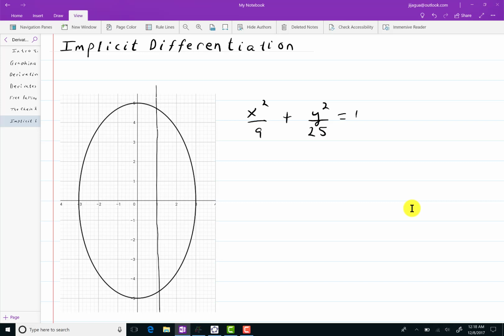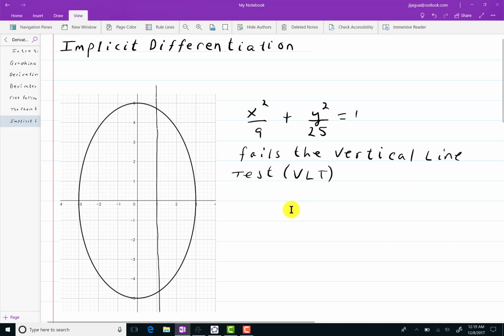This thing fails the vertical line test. From now on, I will refer to that as VLT, if I ever need to use it again. So the equation fails the vertical line test.